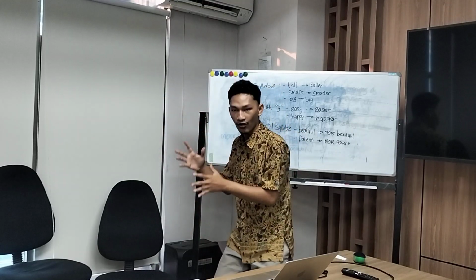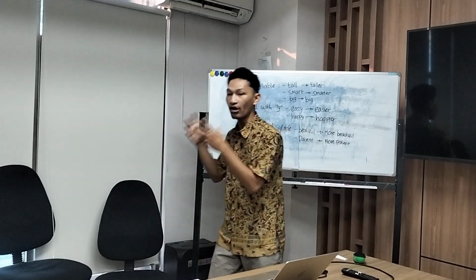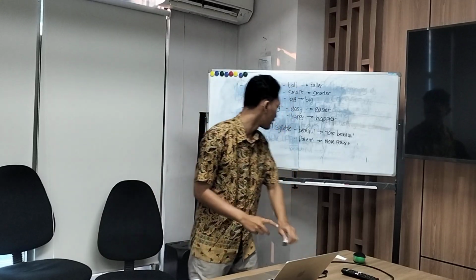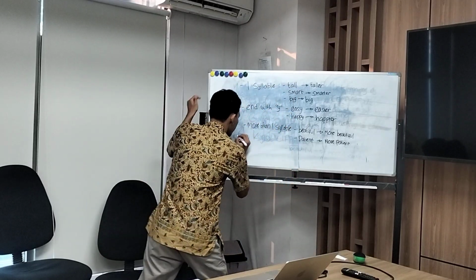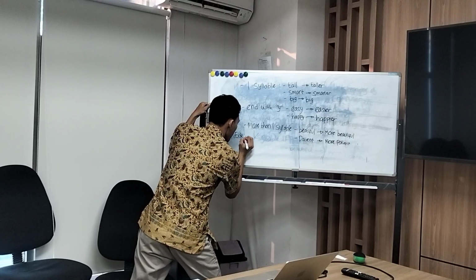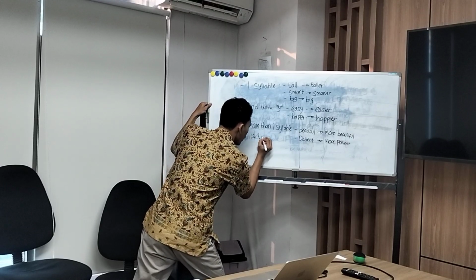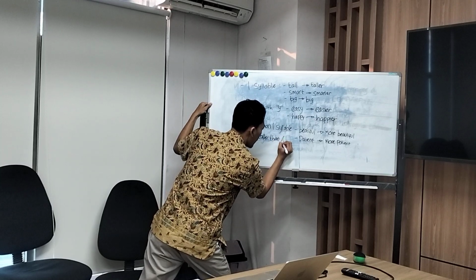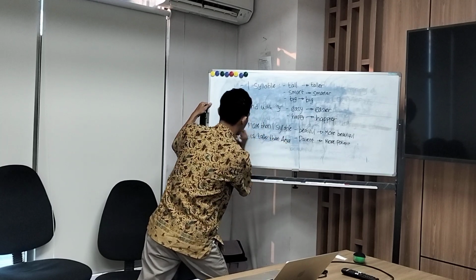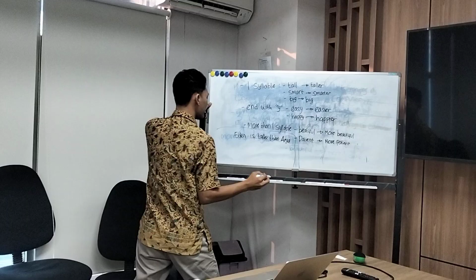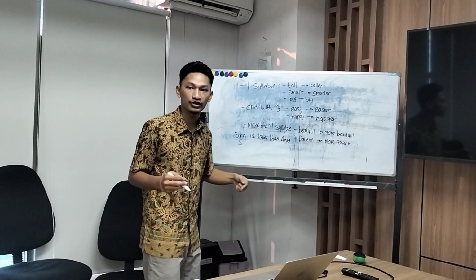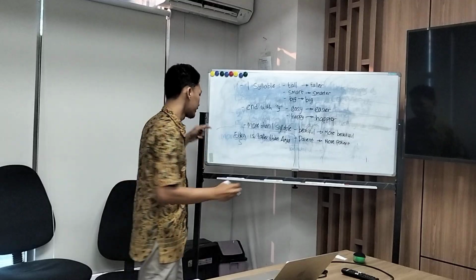It is very obvious that Eden is taller than Arya. Eden is taller than Arya. So Eden is the subject, and after the subject, what should we use? Yes, correct, the verb.